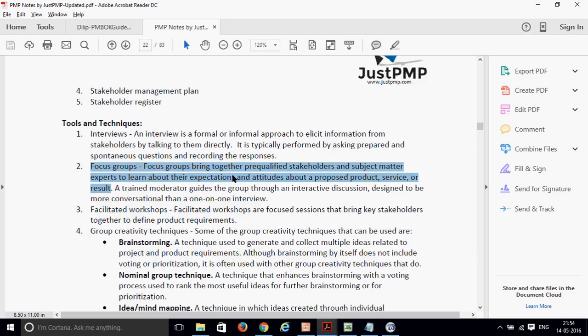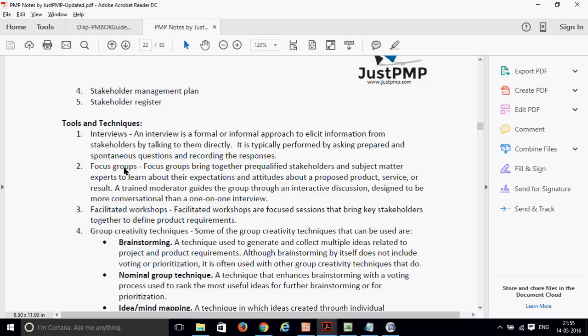So in the focus group, I bring together pre-qualified stakeholders, who are going to use it, and discuss with them. We'll try to understand their requirements, note them down, and see what can be done and what can't be done. That's basically the part of the focus group.